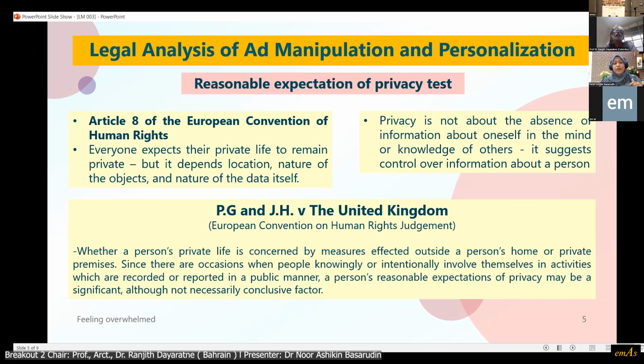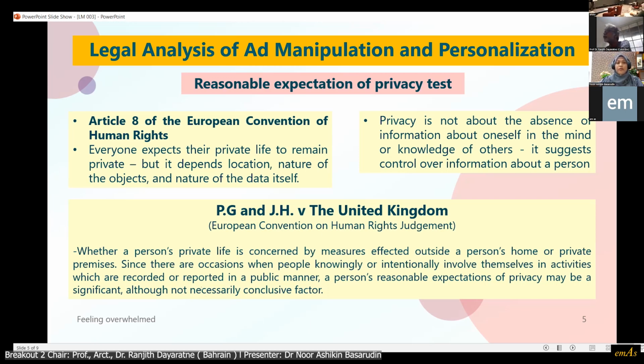So that is when they argued related to privacy. Whether a person's private life is concerned by measures effected outside a person's home or private premises, since there are occasions when people knowingly or intentionally involve themselves in activities which are recorded and reported in a public manner, a person's reasonable expectation of privacy may be a significant, although not necessarily conclusive, factor.